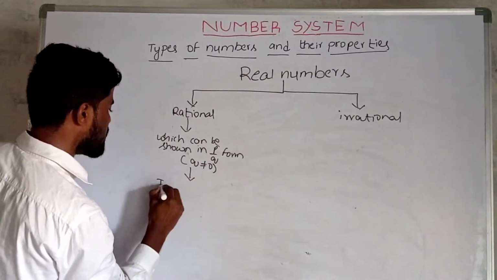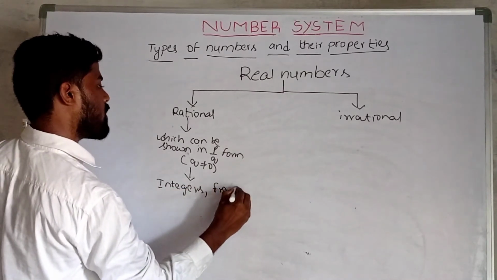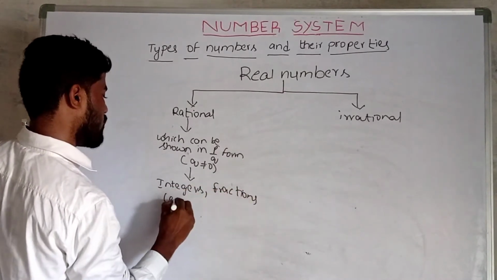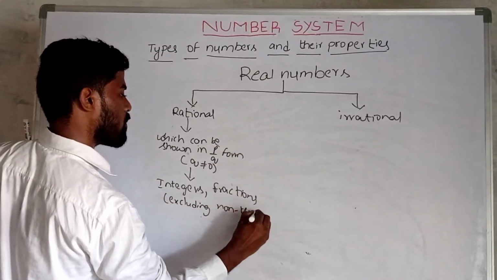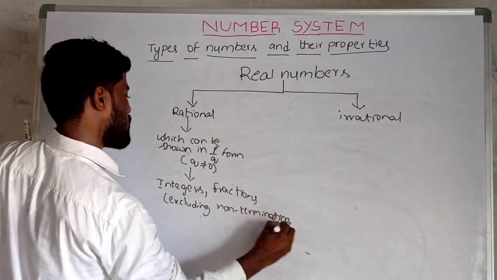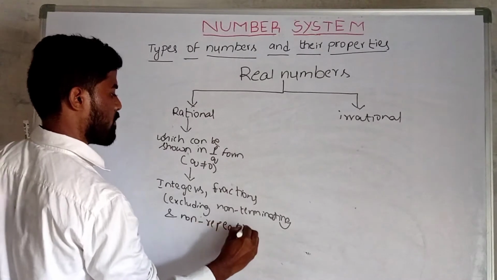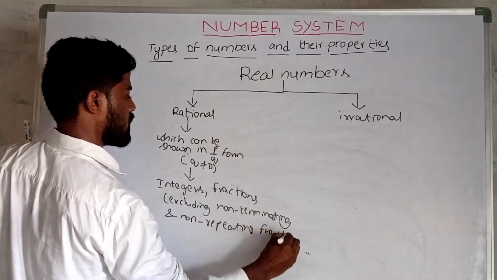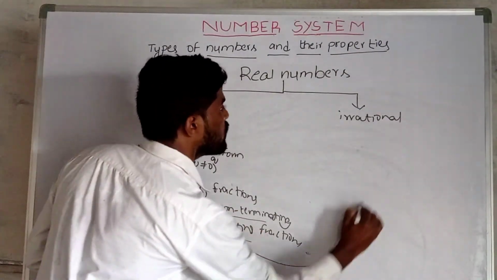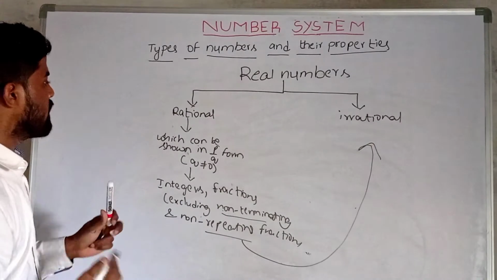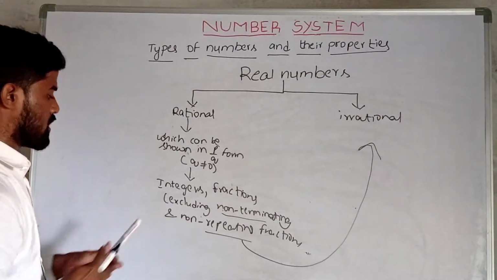It includes integers, all type of fractions, excluding non-terminating and non-repeating fractions. Non-terminating and non-repeating fractions belongs to irrational numbers. We will now see what are integers, fractions, and non-terminating and non-repeating fractions.